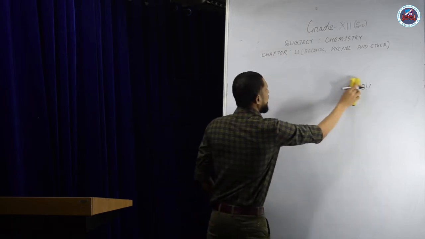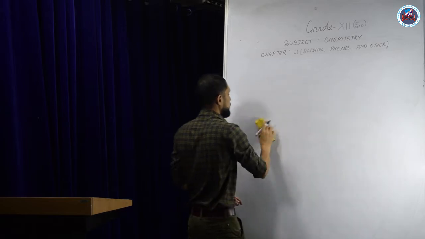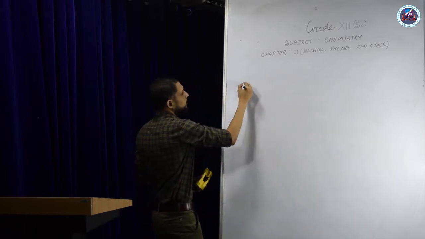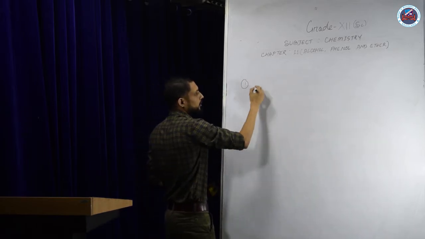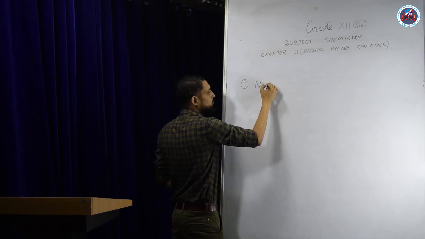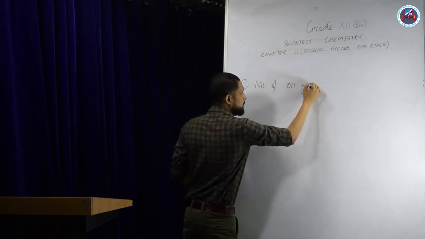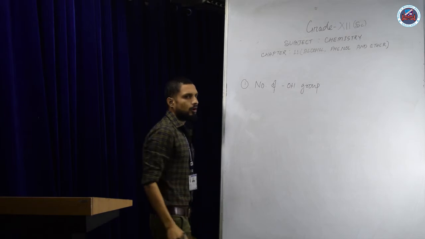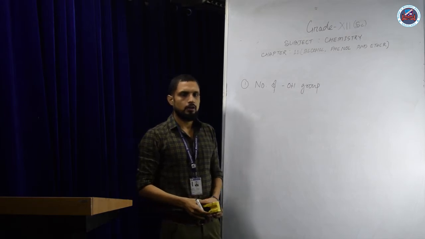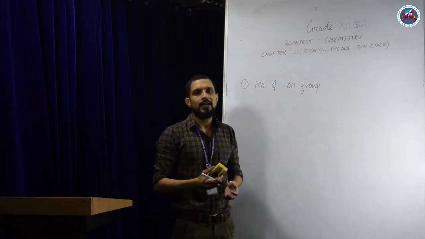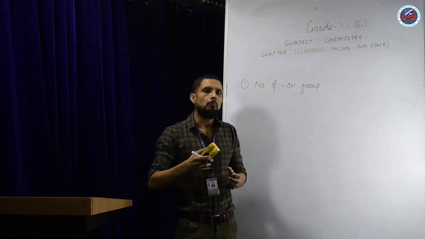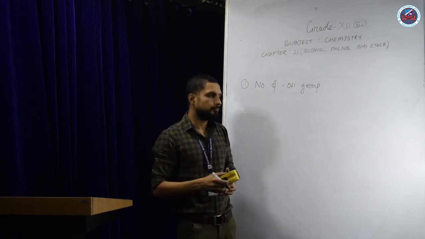Next, let us see the classification of alcohol. So the first classification is based on number of OH group. In an alcoholic compound, we can have one or more than one OH group.